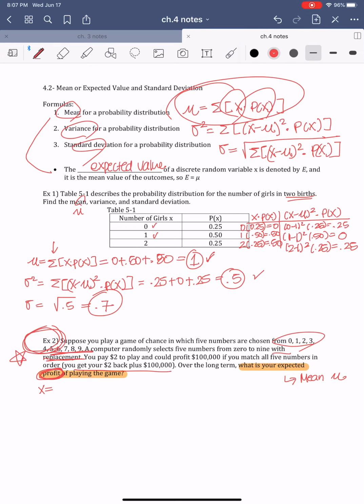I'm not interested in the numbers, I'm interested in the profit. So x has to deal with some kind of profit, not a number from the game. It has to deal with some kind of money involved when I write down the x. Let me give you a minute to think about this and see if you can identify the x.